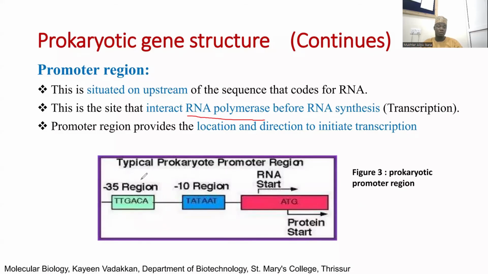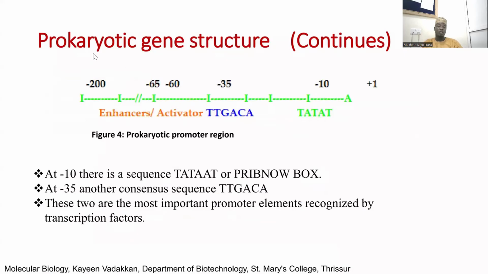The promoter region is made up of the -35 region, the -10 region, and then the RNA start site. In the -35 region, we have TTGACA. And then we also have TATAAT, which is the -10 region in prokaryotic organisms. And then, of course, in the prokaryotic gene structure, we have enhancers and we also have activators.